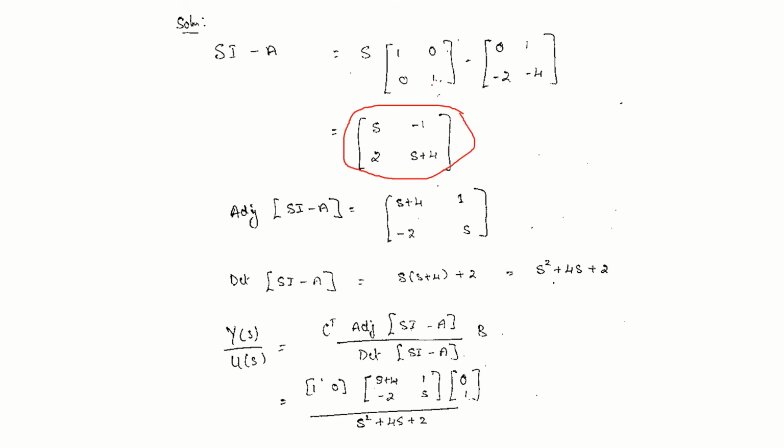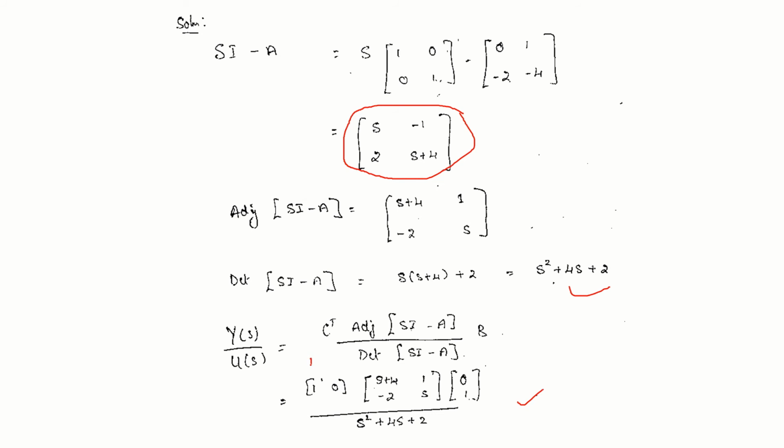I will get s 0, 0 s, then subtract, and you will get this. The adjoint, as I said, is by interchanging and putting the negative sign. The determinant is this into this minus this, and you will get this. Now you know all this. Substitute and multiply. Multiply first.